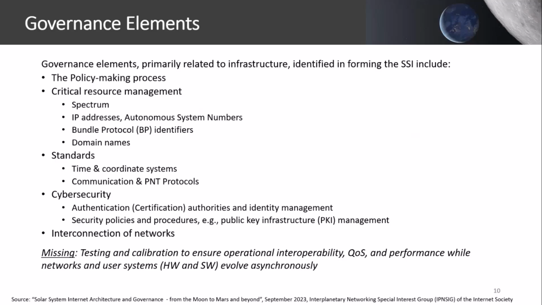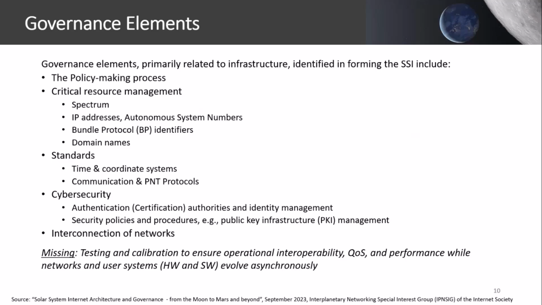We have to manage critical resources. So some of these you recognize as networking capabilities like IP addressing and domain names. But some of these, like spectrum, relate to the underlying physical layer and have to be coordinated at an international level to enable the higher level of networking to occur.